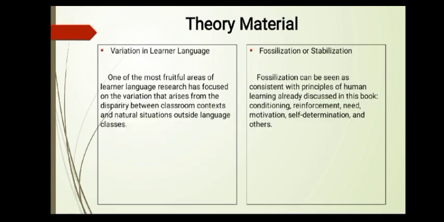Variation in learner language. One of the most fruitful areas of learner language research has focused on the variation that arises from the disparity between classroom context and natural situations outside language classes.